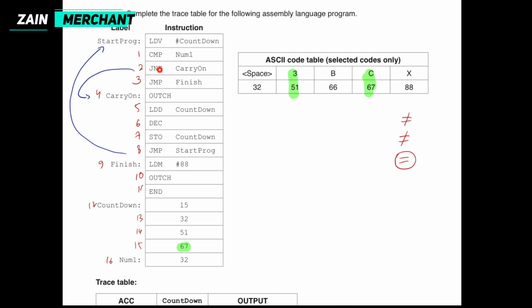So JNE will not work here because the previous comparison was equal, not not equal. So instead of this, we move to the next instruction. This is JMP. JMP, you remember, was an unconditional jump to finish. So this label over here.